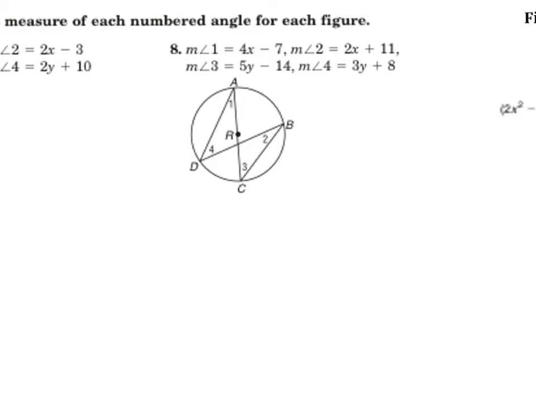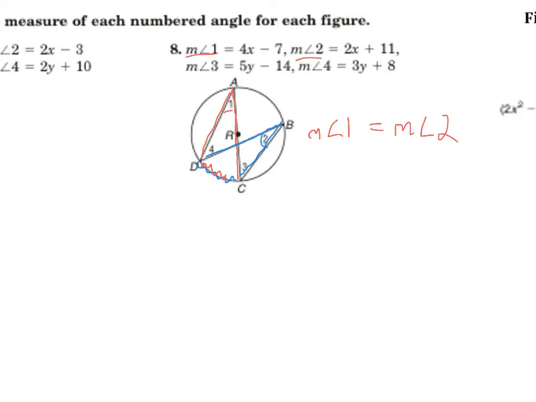For the next problem, I'm focused on angle 1 and angle 2 again. So in my picture, angle 1 is this inscribed angle, and angle 2 is this inscribed angle. Now it looks like both of them open up to arc DC. So that tells me that the measure of angle 1 has to be equal to the measure of angle 2.